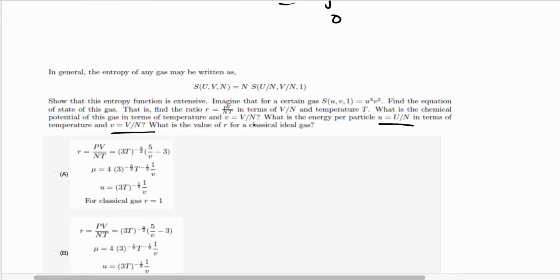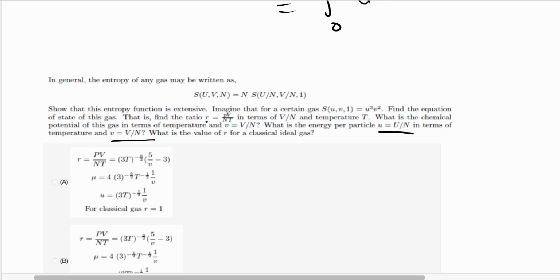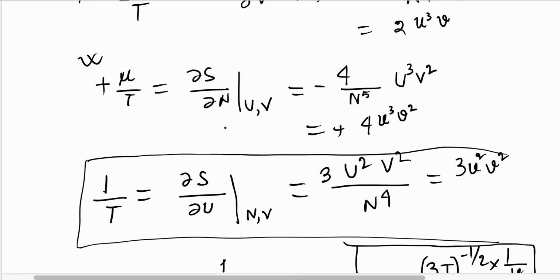And the third is, what is the relation of PV by NT?